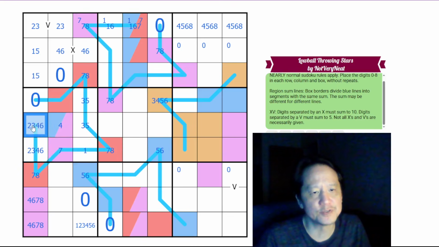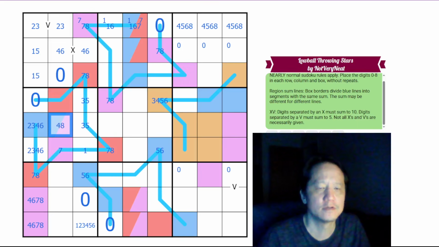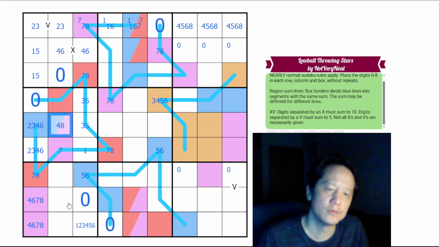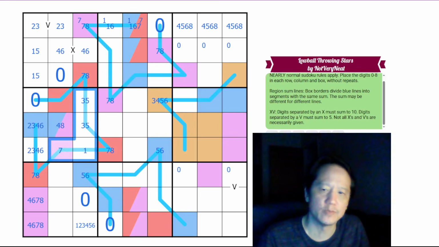If this is 3, 4, adding up to 7, we have to have 1, 2, 5, and 6 remaining to add up to 7, and this must be 8. So this is 4 or 8 here. Either way, this cannot be blue.